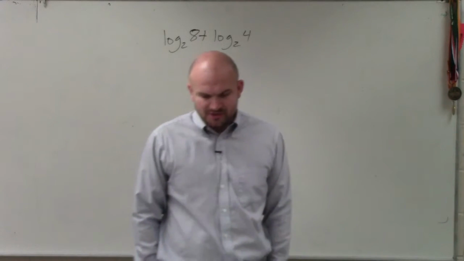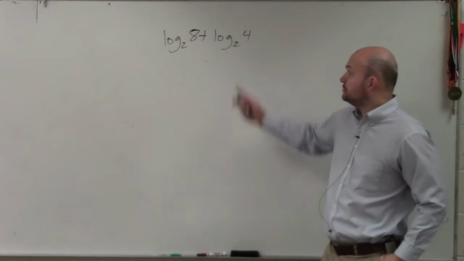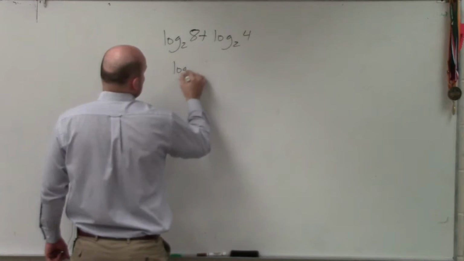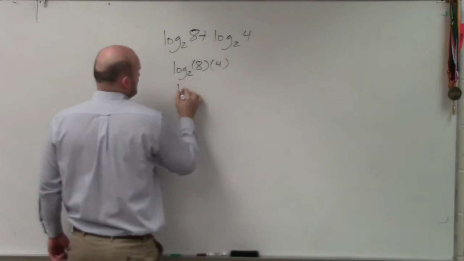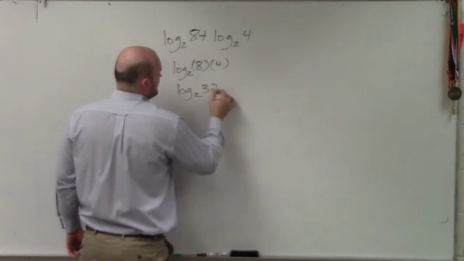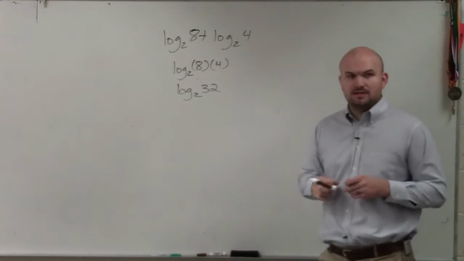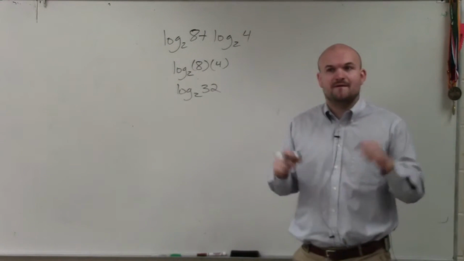It says use the properties of logarithms to evaluate each expression. We could do this a couple different ways. You could use the properties of logarithms, which would tell you to do log base 2 of 8 times 4, which is log base 2 of 32. Do you agree? 2 raised to what power gives you 32? 5.